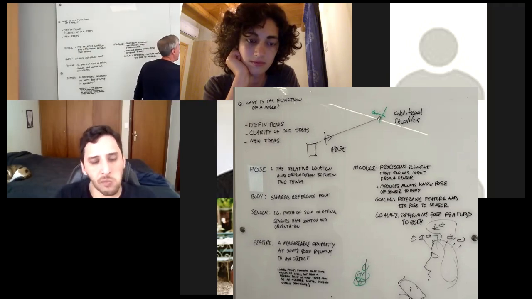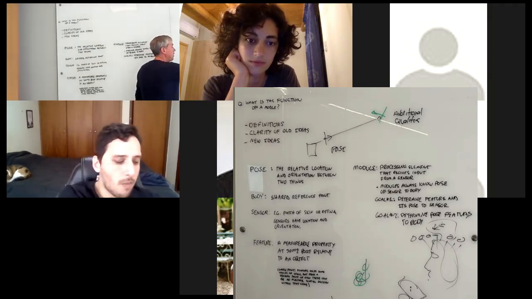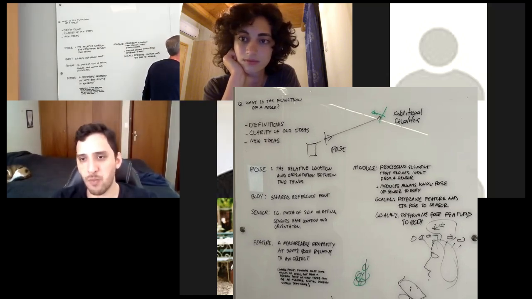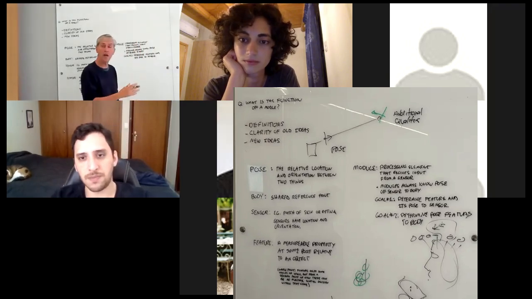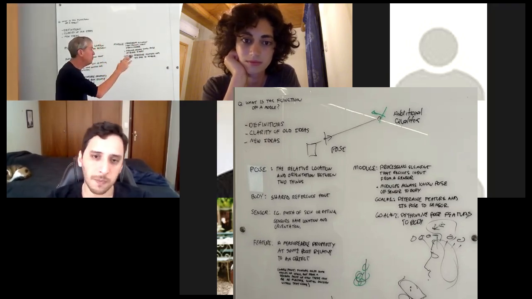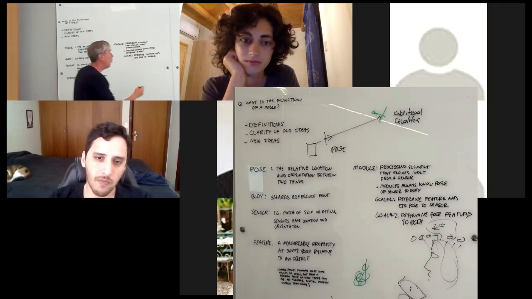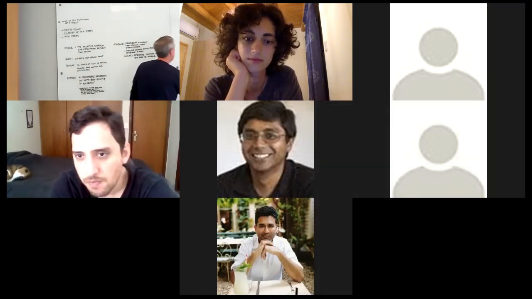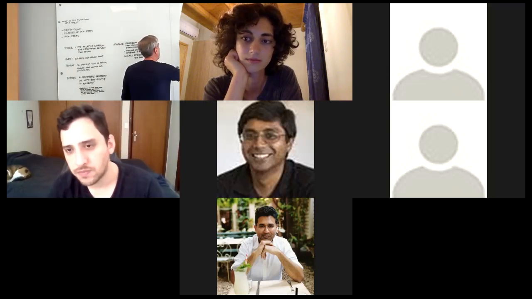I could draw a 3D Cartesian coordinate system, but I'm not going to. I'm just going to say this is a representation of my reference point, a reference location and orientation. We can call this the body for now. And then I can have a sensor, which is just something out here.